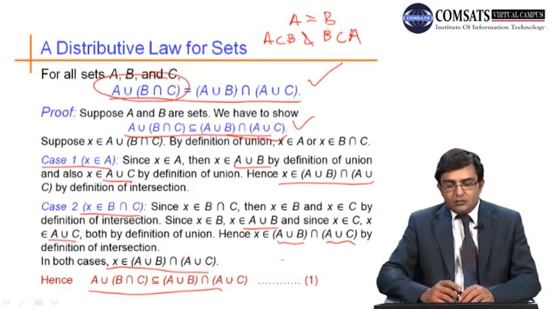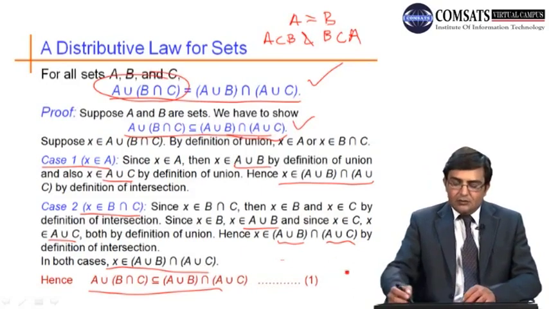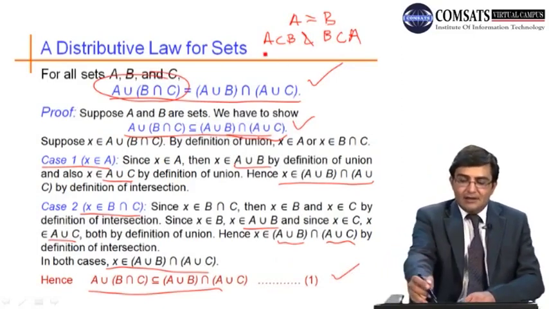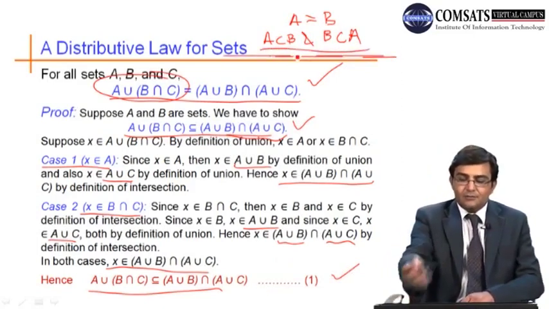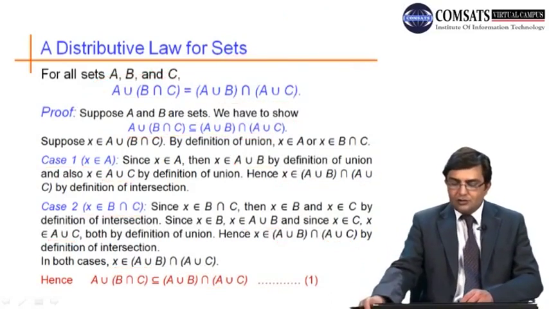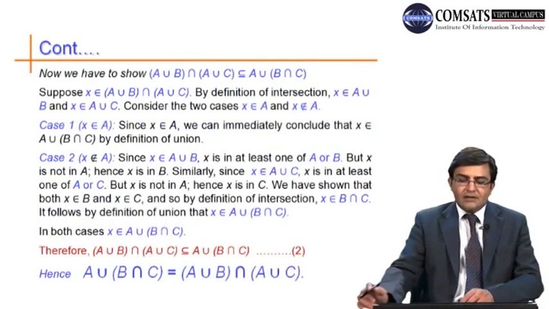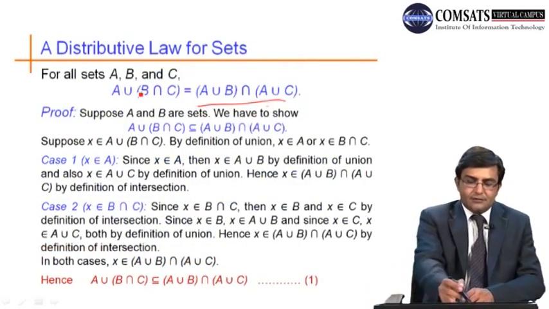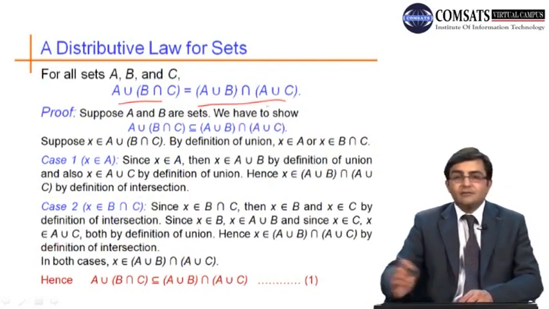Now we suppose that this is equation 1. We have proved it on the one side. Now we are going to prove that the right hand side is a subset of this side.